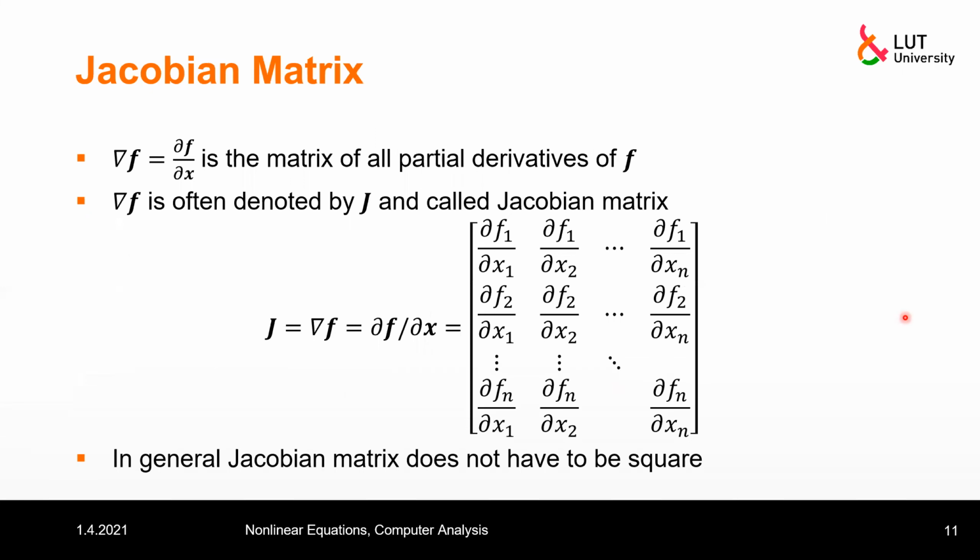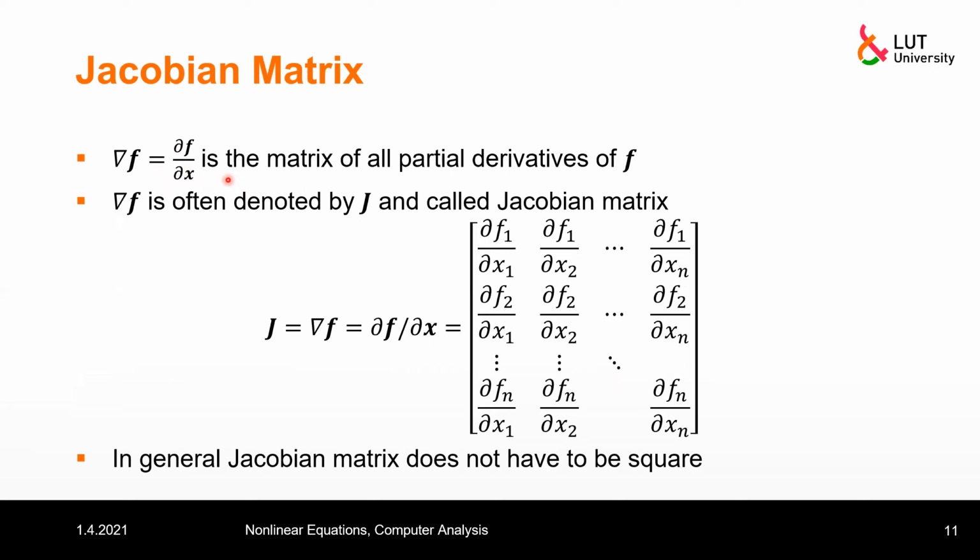If not, let's continue. So what is this delta f? This is a matrix of the partial derivatives of f with respect to our variables. It's almost the same as the derivative of a scalar function, but for many arguments.